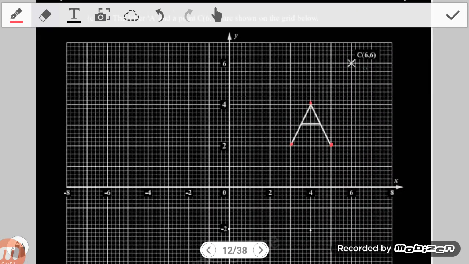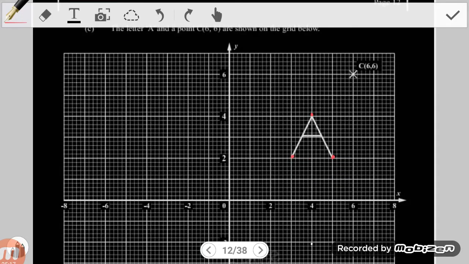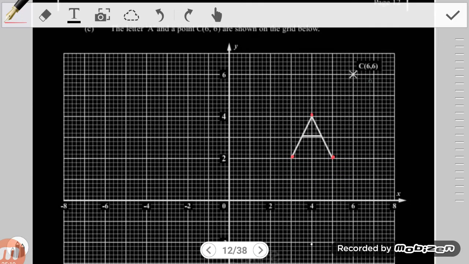Hold on, guys. I might have to do this freehand. Alright, I think I have it just about now.